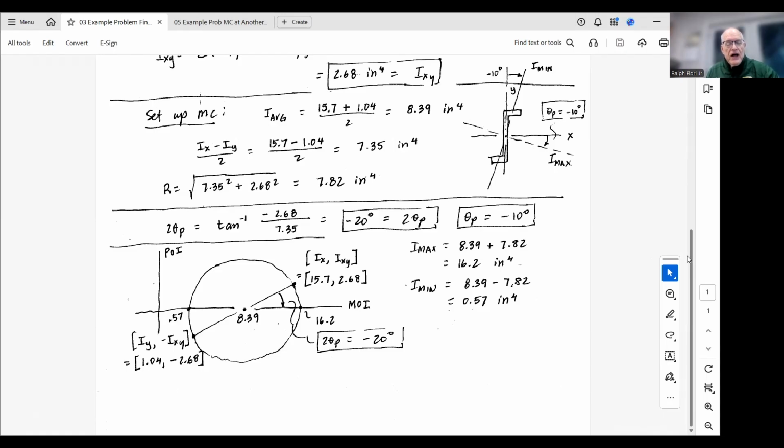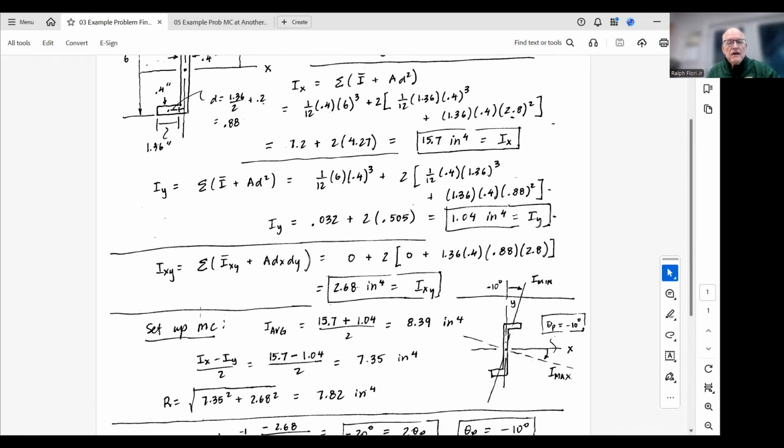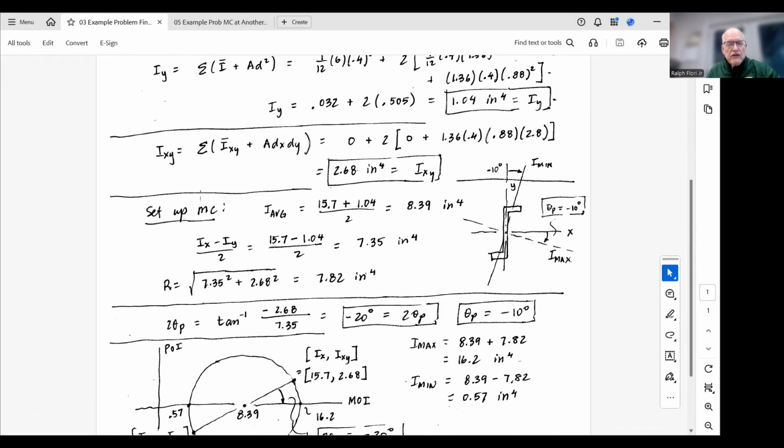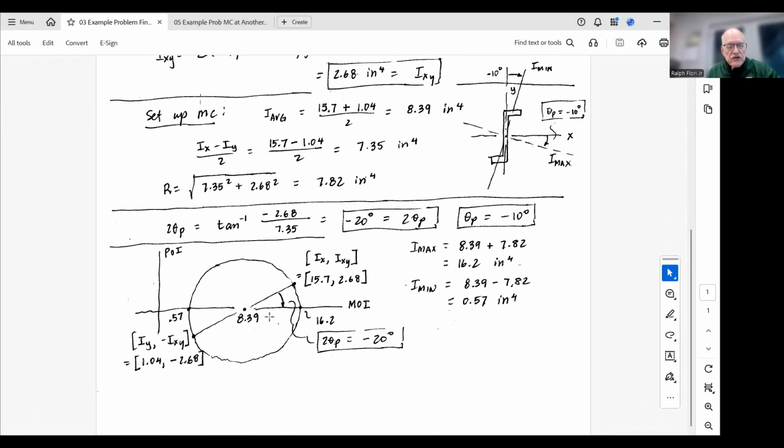But now we want to plot our X face. Our X value is 15.7, and the Ixy associated with that is a positive 2.68. So 15.7 plots just to the left of the max, and the positive 2.68 plots up.